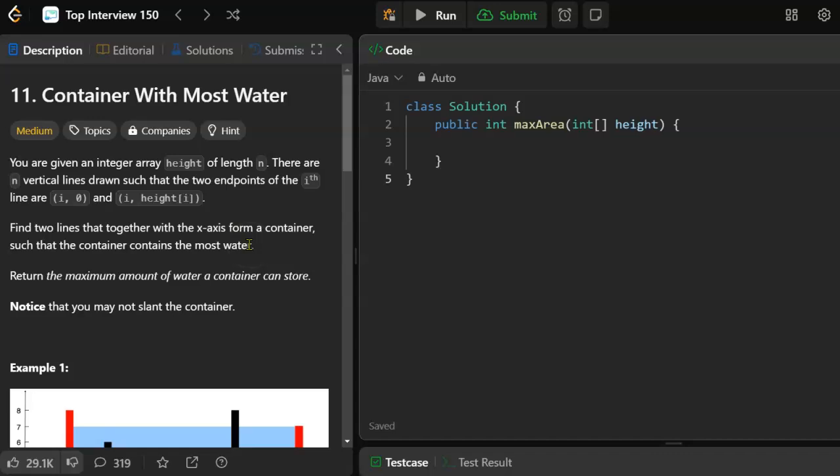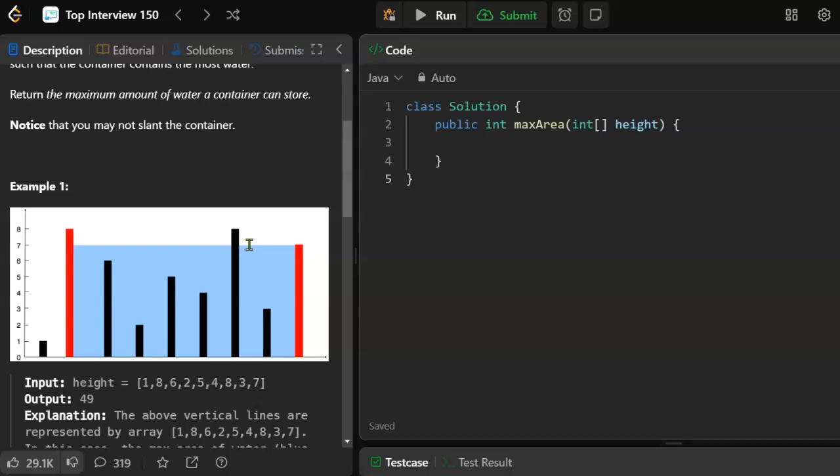There are n vertical lines drawn such that, this will make more sense when we look at the graphic, but there are n vertical lines drawn such that the two endpoints of the ith line, I guess you could think of these as the xy coordinates of the bottom and top of the line, are (i, 0) and (i, height[i]). Let's scroll down and look at that.